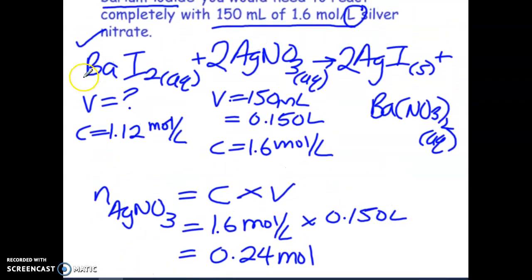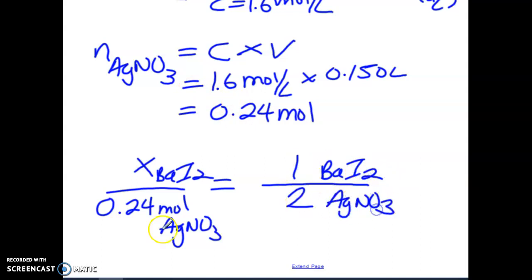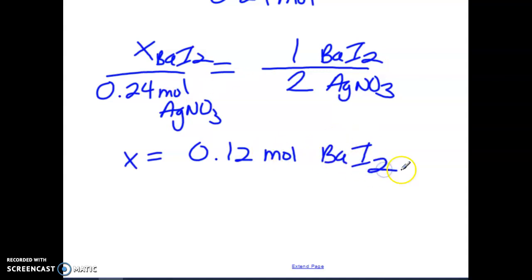And we want the moles of barium iodide, so the ratio is 1 to 2. So we have 1 barium iodide for every 2 silver nitrate. So X is going to be equal to 0.24 times 1 divided by 2, which is 0.12 moles. And this is now for barium iodide.